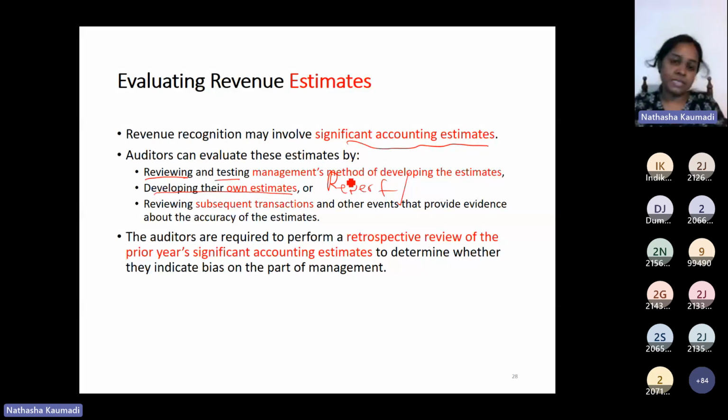Think about allowance for doubtful debts computation, a simple one. So the auditor is computing this and reviewing subsequent transactions and other events that provide evidence about the accuracy of the estimates. Those are the audit procedures we can use to evaluate the estimates.